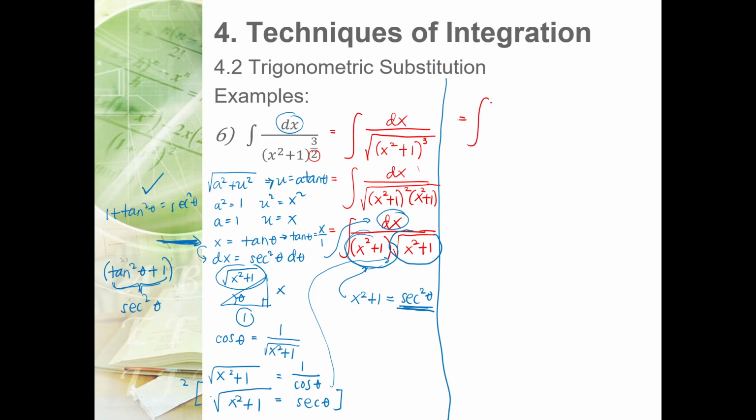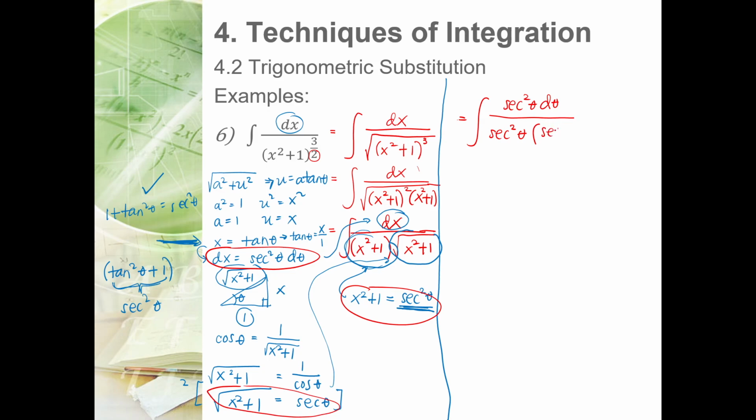Okay, so starting with dx. That's secant squared theta d theta, divided by x squared plus 1, that's secant squared theta. And then the radical expression is secant theta.